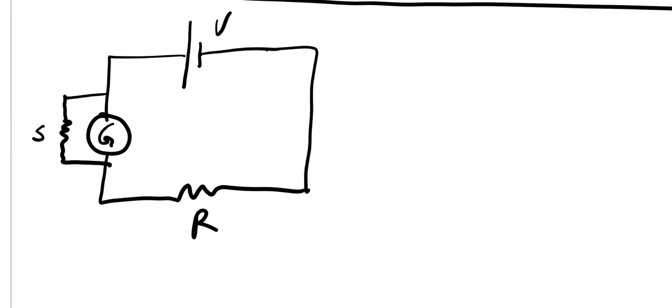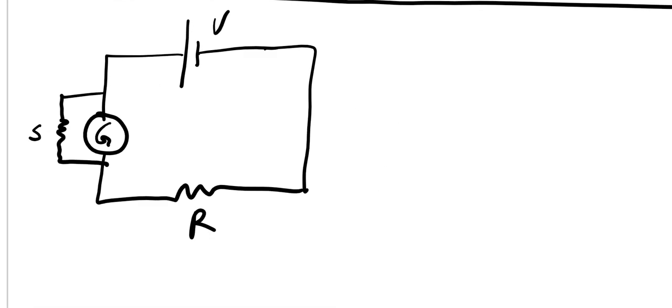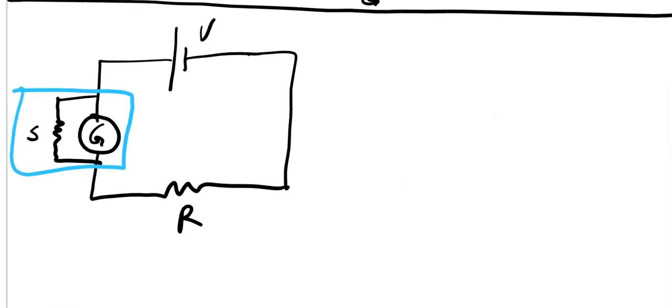So what happens now? This parallel combination will have less resistance. So the effective resistance of this combination is less, which we wanted. Okay, and so one problem is solved.